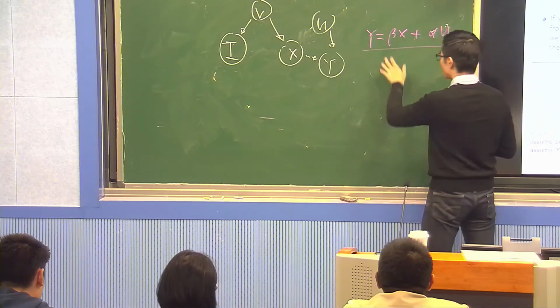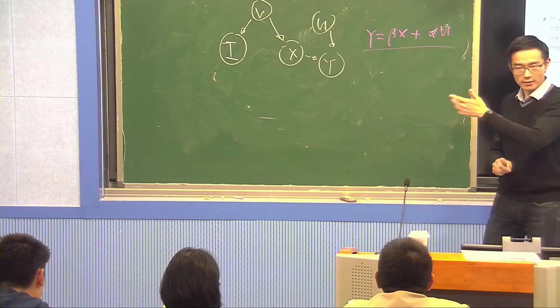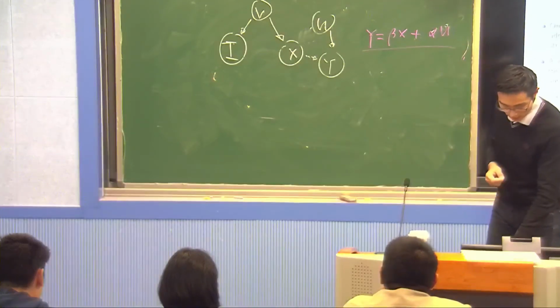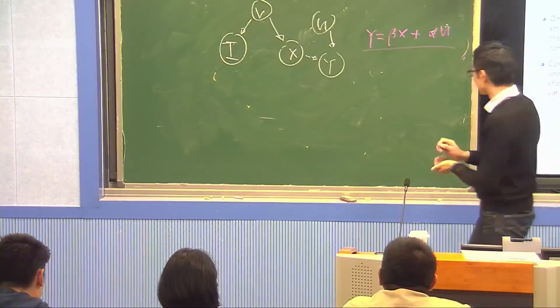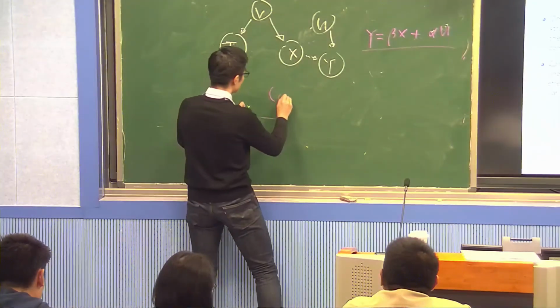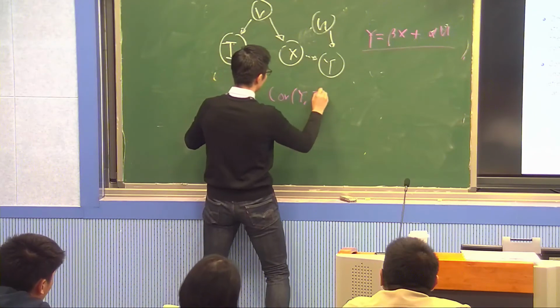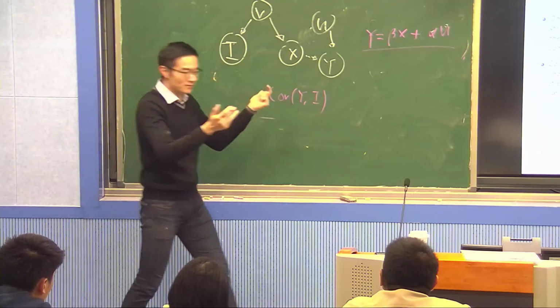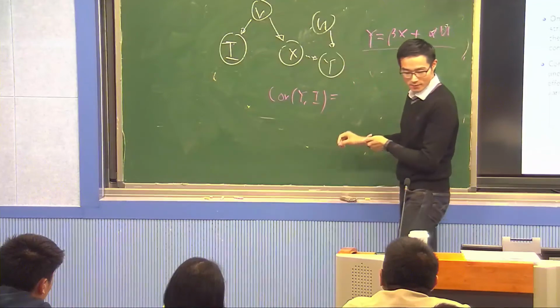So once I assume this, how do I get the causal effect out? Then it's very, very simple. You're all familiar with this. If I assume this, then what is the covariance between y and the instrumental variable? You've heard this many times.